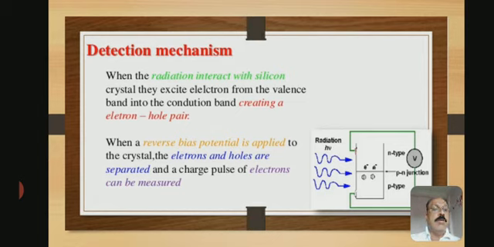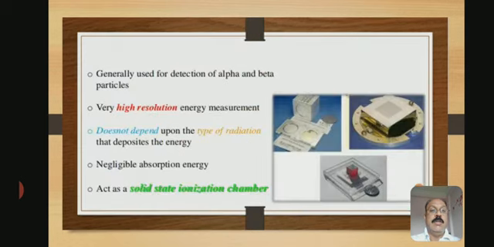One side is N-type and the other side is P-type. If radiation having energy h nu is incident on it, the PN junction is formed. When a reverse bias potential is applied to the crystal, the electrons and holes are separated and a charge pulse of electrons can be measured.